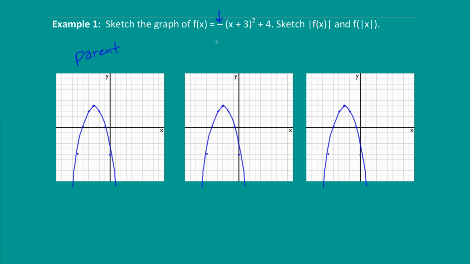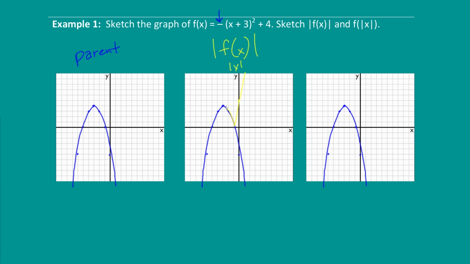Let's do our absolute value of f of x. That one's a little bit easier. Remember, this means that this is the absolute value of y. So all of our y values must be positive. So on this tip of the iceberg, we're all good. But then these points all become negative. If these points are negative, we need to make them the positive versions of themselves. So we're going to have a reflection.